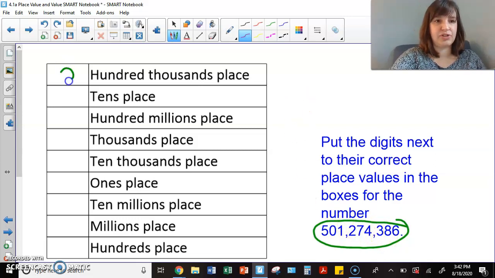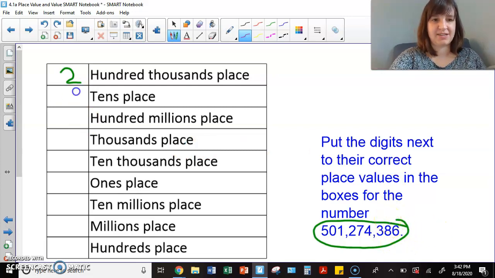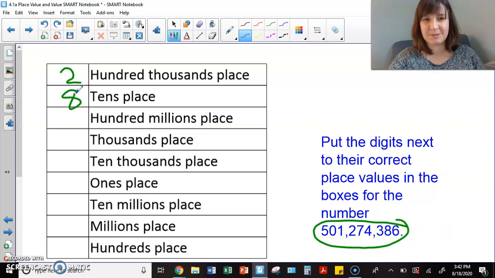So the number 2 is the number that goes in the hundred thousands place. My tens place I know is the second place over from that decimal point that's right there, that ones place. So I go over from my ones place to my tens place. So the 8 is in my tens place.